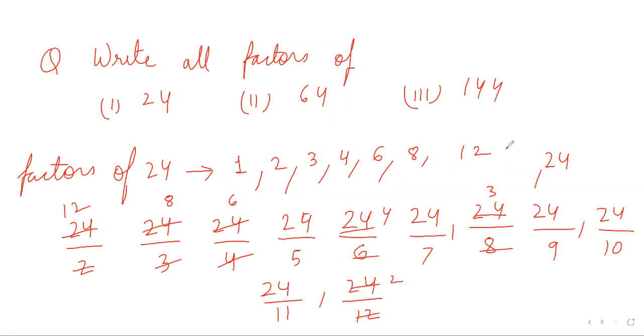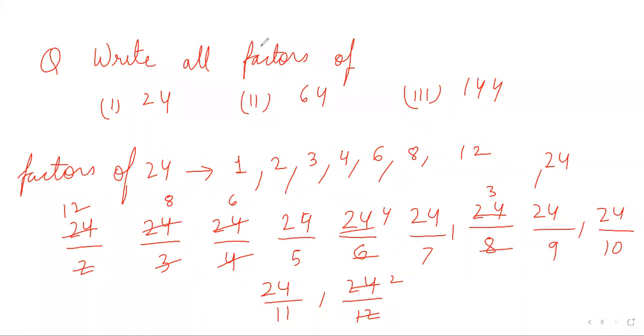Okay, 13, 14, 15, 16, 17, 18, 19, 20, 21, 22. 23 is not divisible by anything. So the final factor is 24. So how many factors are there of 24? 1, 2, 3, 4, 5, 6, 7, 8. There are 8 factors, and what are they? 1, 2, 3, 4, 6, 8, 12, 24.